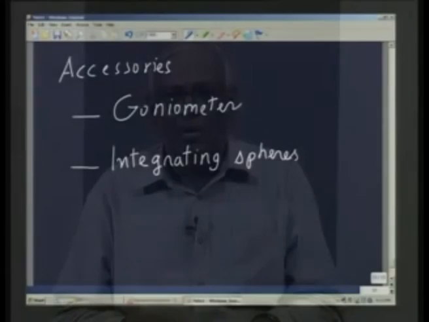You need a source, a monochromator, then some kind of steering arrangement for making the light take a particular direction, and then you must have a detector, and the goniometer and the integrating sphere come in between these things. So, the source of light is at one extreme and the detector, or measurement of light, is at the other. In between these two, we have a number of different things, and one of them could be a goniometer, one of them could be an integrating sphere, it could be a monochromator, and so on and so forth.